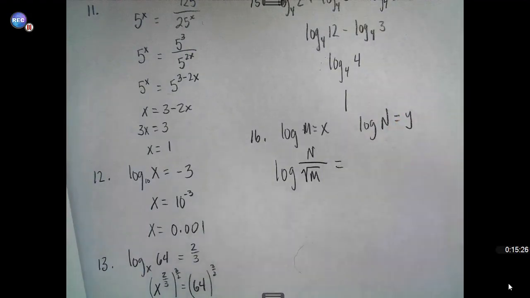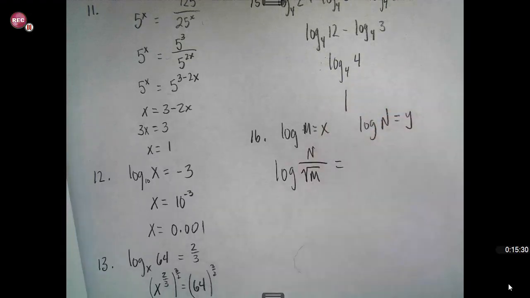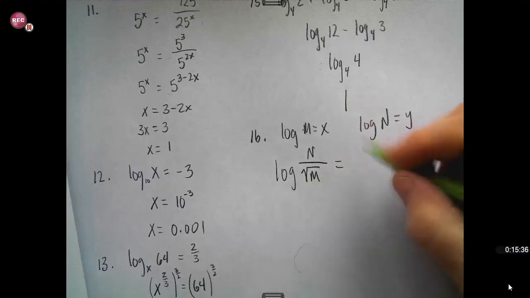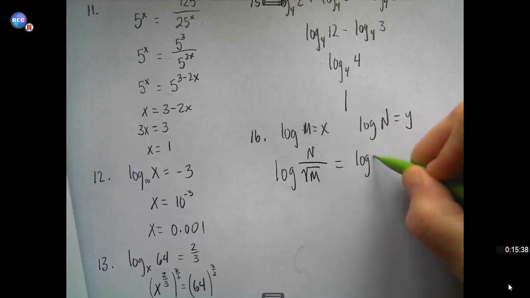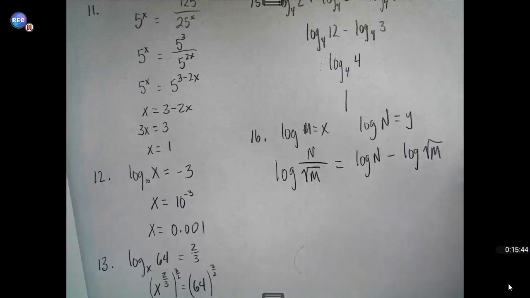And so what I need to do is I need to make that look like log m and log n, okay, by themselves, not all combined like they are now. So first thing I can do is write this as log n minus log square root m, because I can change that division into a subtraction and separate the logs.